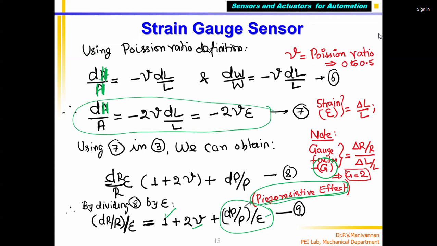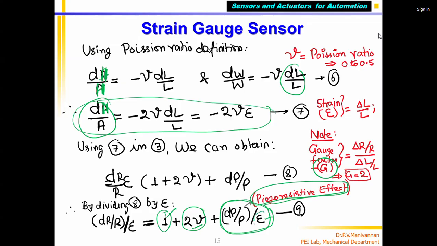Please see each and every component: change in length, change in area, and also change in the resistivity of the material when the strain gauge undergoes a strain. That is, when you apply a stress, by applying a force or a torque or a pressure, the strain gauge undergoes a stress. Due to stress, there is a strain.